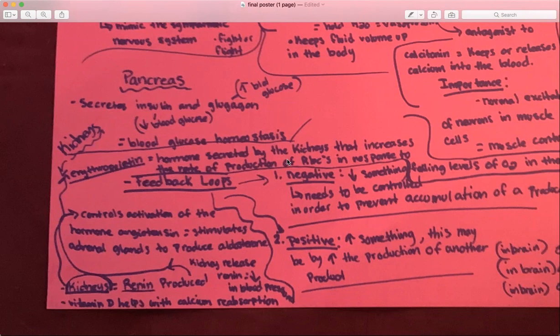Some people that have kidney failure actually have to have the hormone put into them via injection or through a blood cell transfusion.